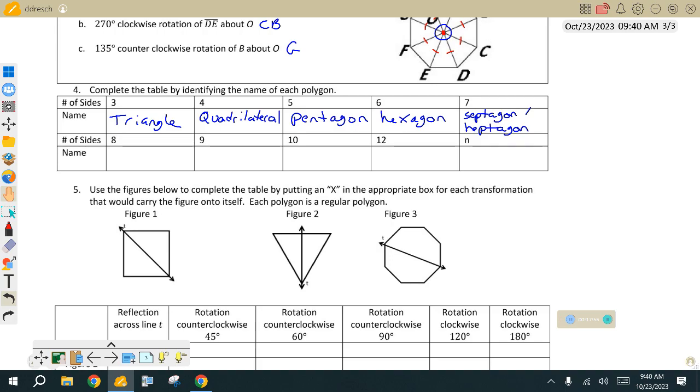An 8-sided figure is an octagon. All right, 9 is hit or miss. There's always at least a couple people that maybe know a 9. Or not. It's called a nonagon. 9 is a nonagon. All right, 10, I usually get a few people. 10 is a decagon.